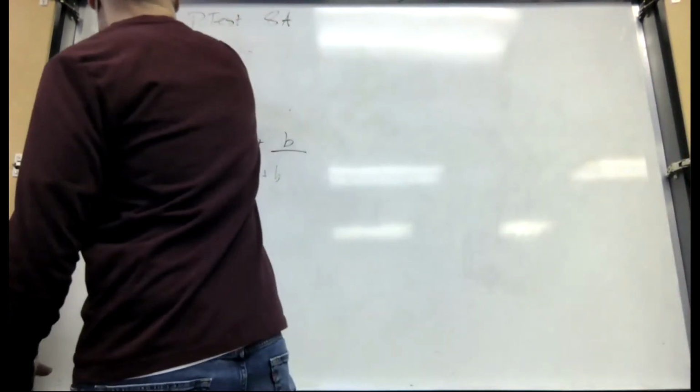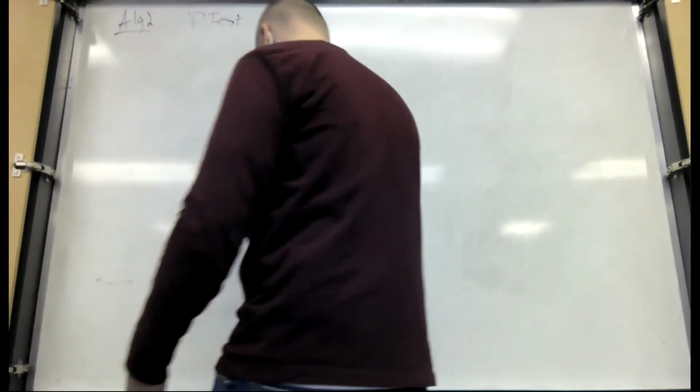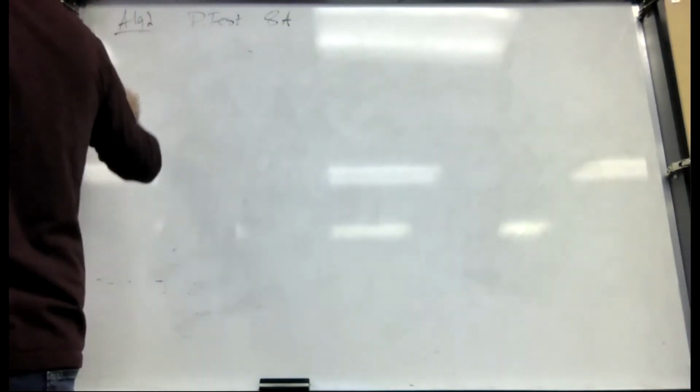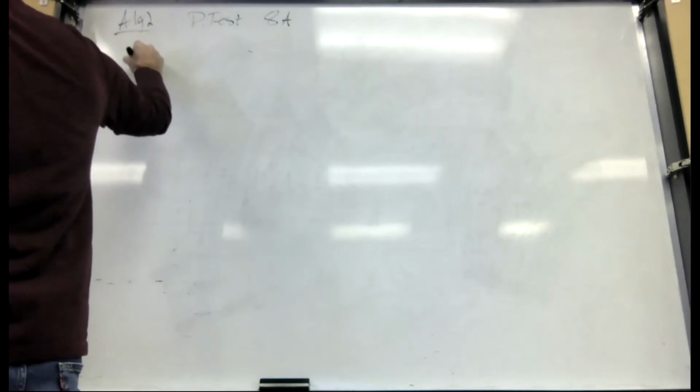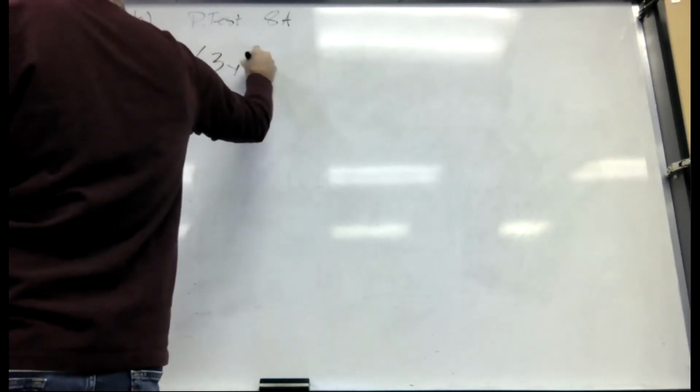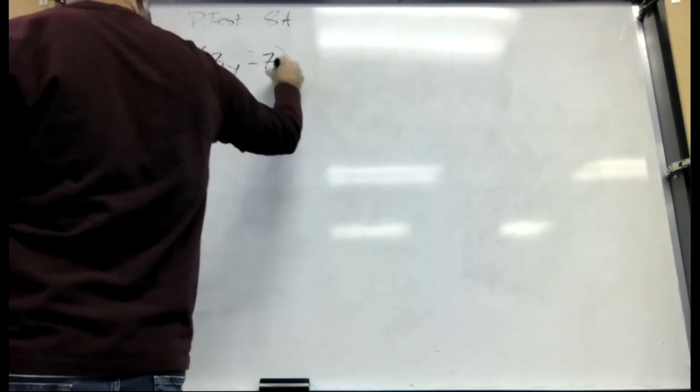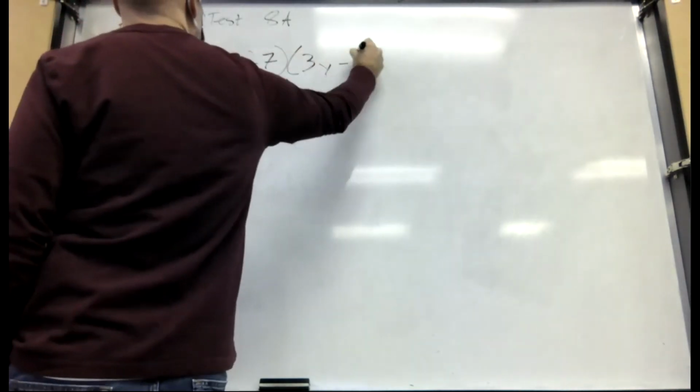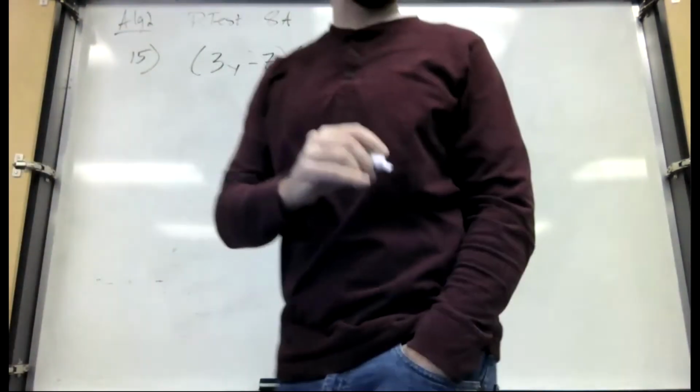Okay, number 15. Multiply, yay. So there's a shortcut. You don't have to do the shortcut. You can write it out like this and just FOIL it out, right?